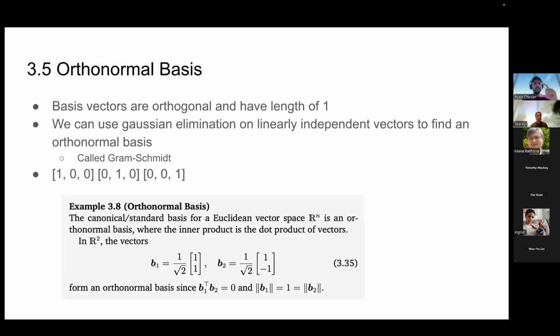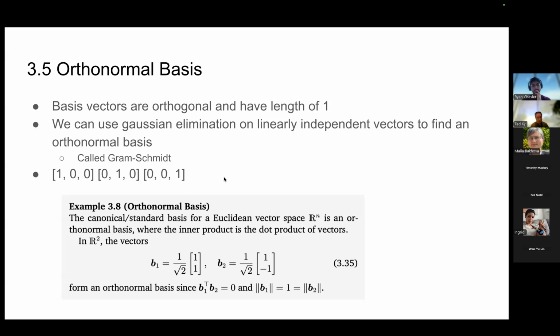So you can take something that isn't orthonormal and make it orthonormal. A very trivial orthonormal basis is 1, 0, 0, 0, 1, 0, 0, 0, 1. So now we have a 3D orthonormal basis set.